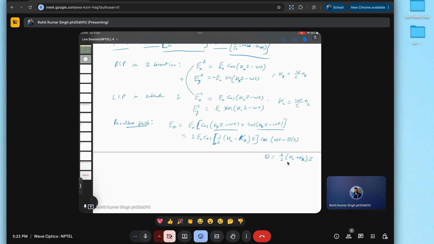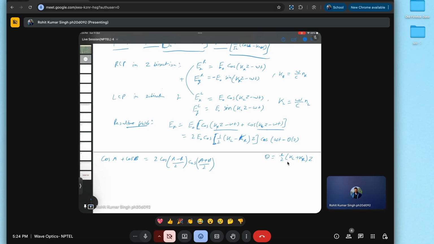Is this fine? So we have used this formula, cos a plus cos b is given by 2 cos a minus b by 2 cos a plus b by 2.